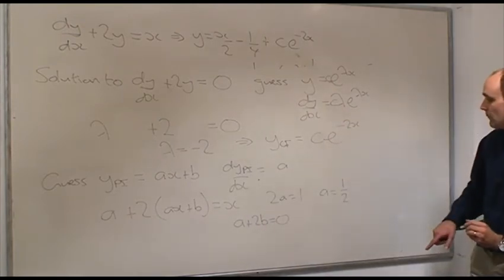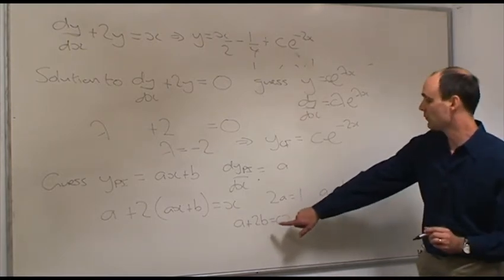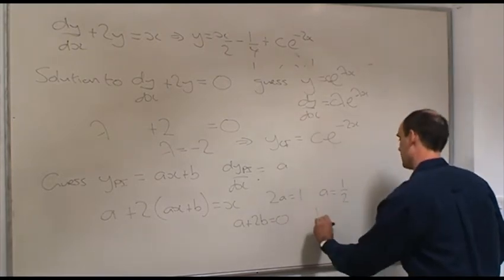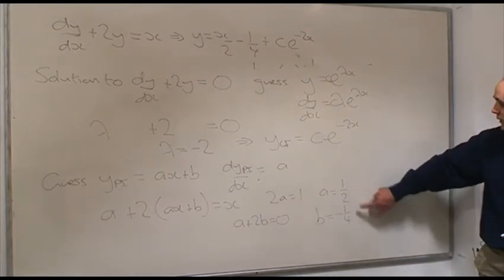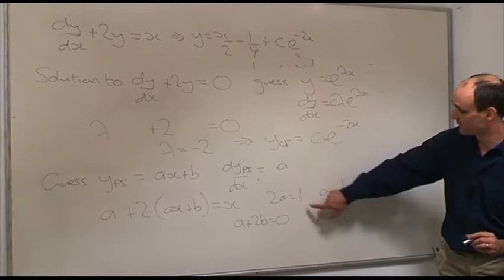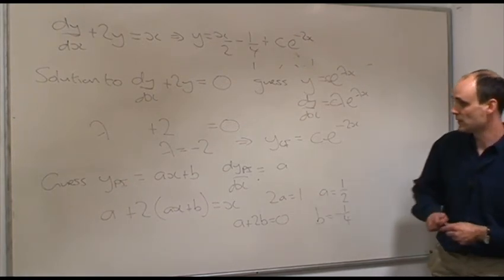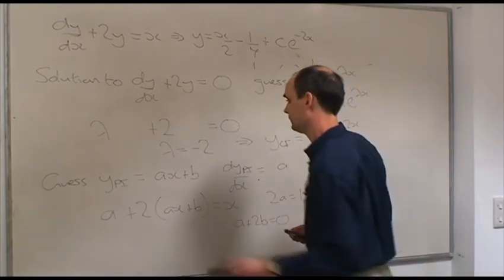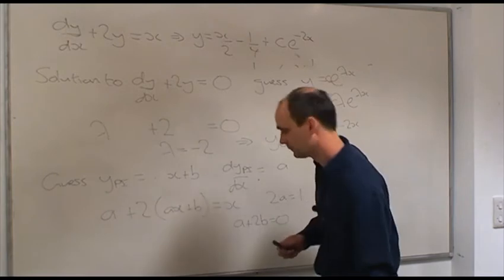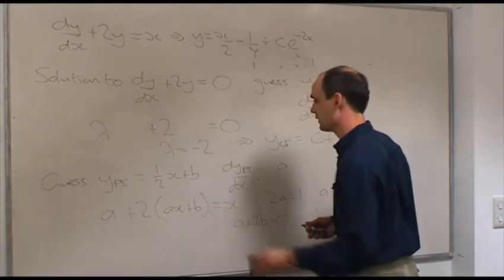And so if a is equal to a half, then the only value of b that would work there is that b is equal to minus a quarter. And you can satisfy yourself that those two values of a and b satisfy these two equations. So that tells us that our particular integral is equal to 1/2 times x plus b, and b is equal to -1/4.